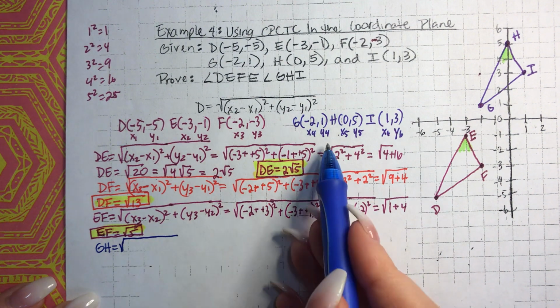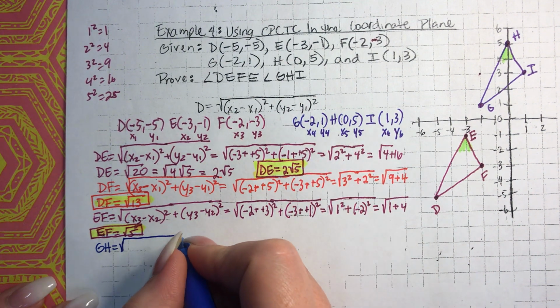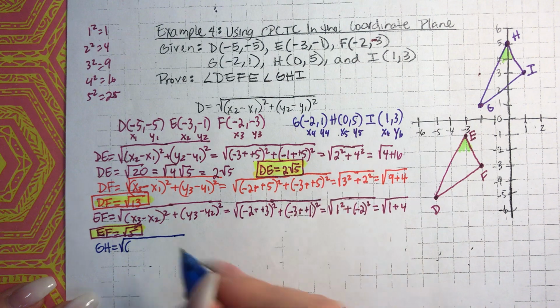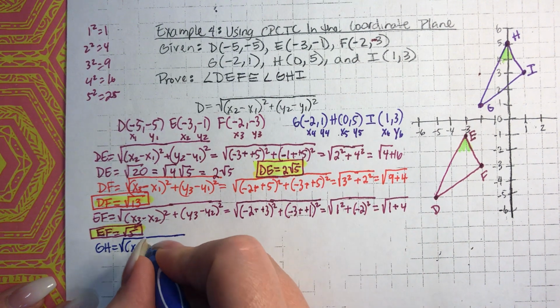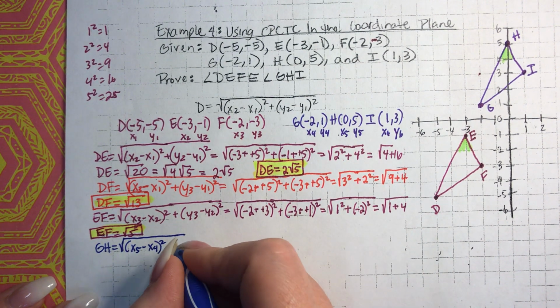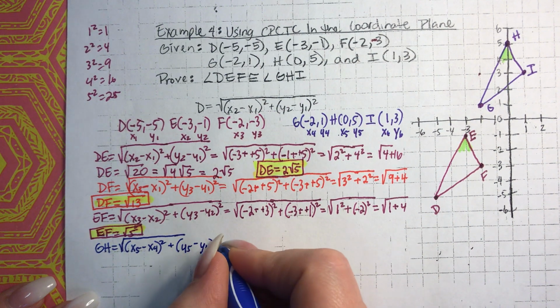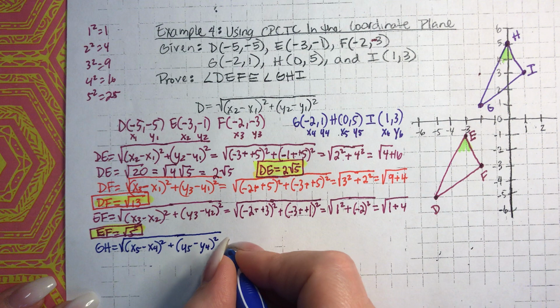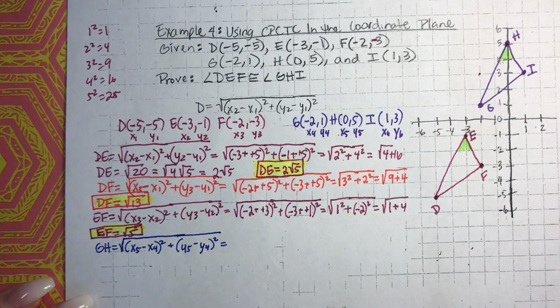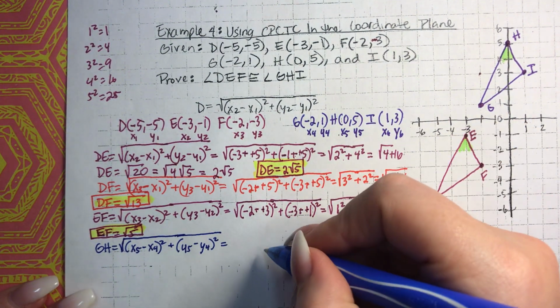So what is G? Oh, we got X. Okay, so it's going to be the square root of X5 minus X4 squared plus Y5 minus Y4 squared. And then we just substitute those values in.